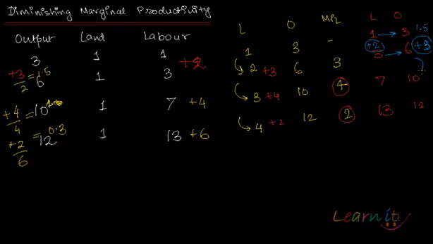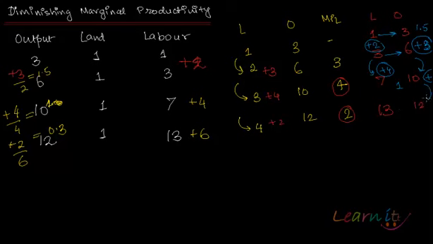In this case, additional 4 units of labor are giving additional 4 units of output. So 1 unit of labor is just giving 1 unit of output.